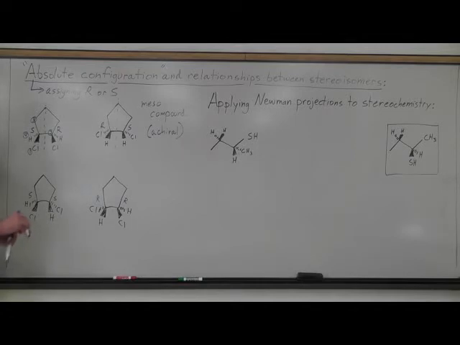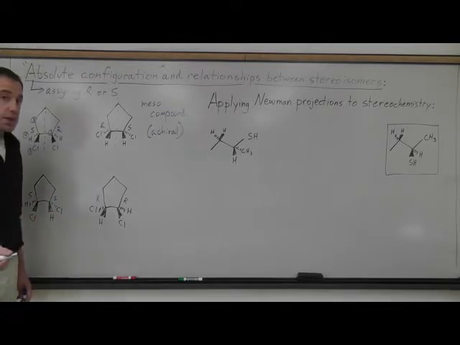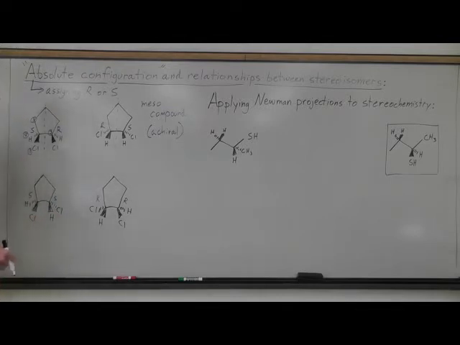Now, the relationship between the molecule up top, which these two are the same compound, and either of the ones on the bottom is a diastereomeric relationship, where we would see that this is a pair of diastereomers. Diastereomers are compounds that are stereoisomers, but they're not mirror images of one another.